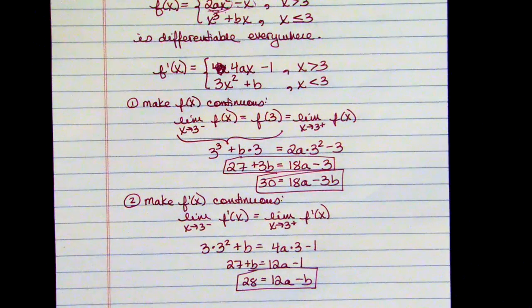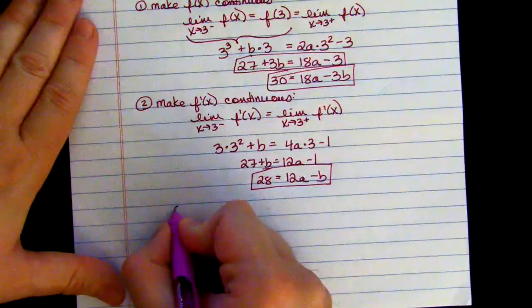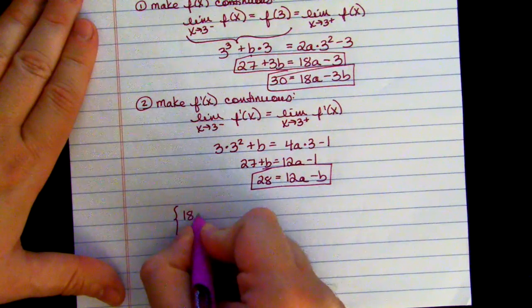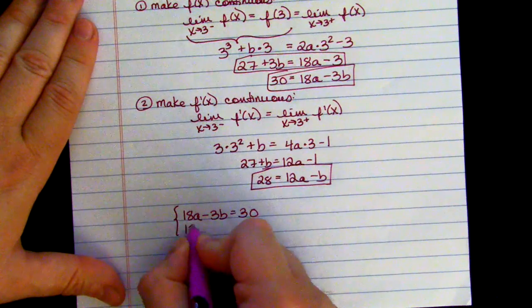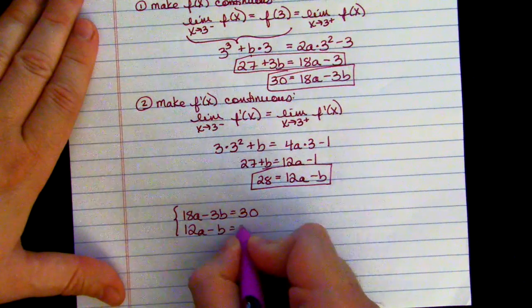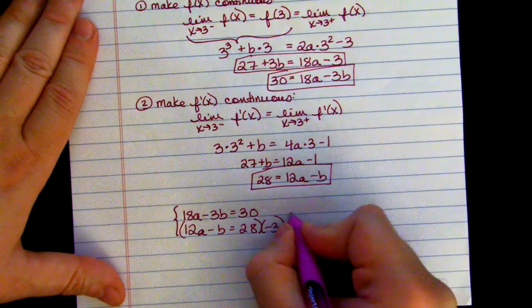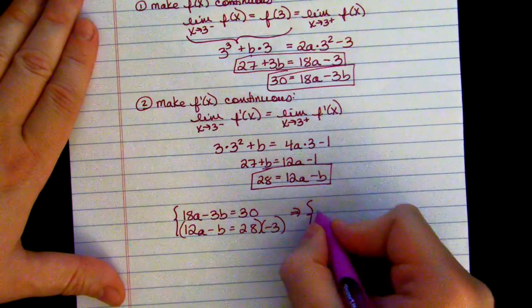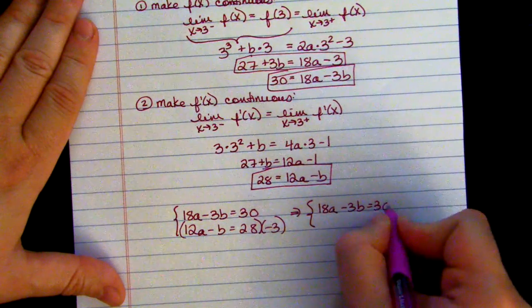Now, you need to take a moment and solve that system of equations. Go try it. Go multiply the bottom by negative 3. That's going to give me 18a minus 3b equals 30.